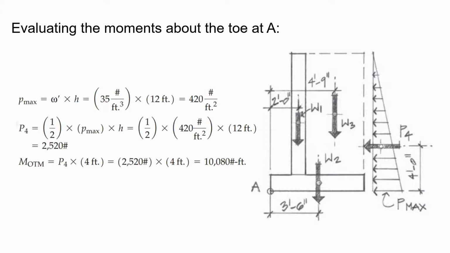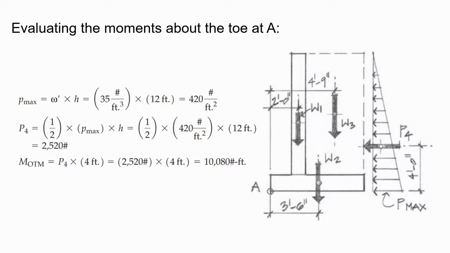When evaluating the moments about the toe at A, we find that the maximum pressure at depth H works out to 35 pounds per cubic feet times 12 feet, or 420 pounds per square feet. We then look at the horizontal fluid force, which is 1/2 times 420 pounds per square feet times 12 feet, or 2,520 pounds.